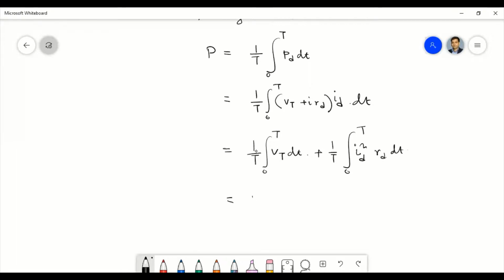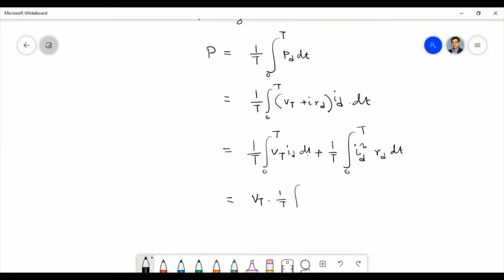Sir, it will be VT into ID dt. Yes, one more ID will be there, so let me change this. Correct, thank you for this correction.